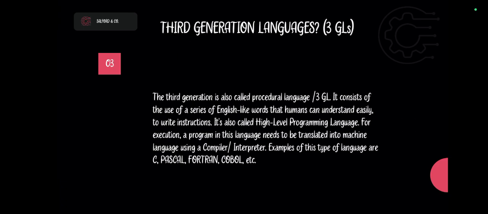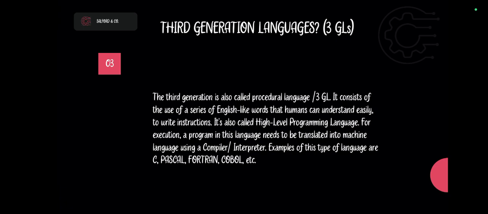Third generation languages, or 3GLs. It consists of the use of a series of English-like words that humans can understand easily to write instructions. It is also called a high-level programming language. For execution, a program in this language needs to be translated into machine language using a compiler or interpreter.